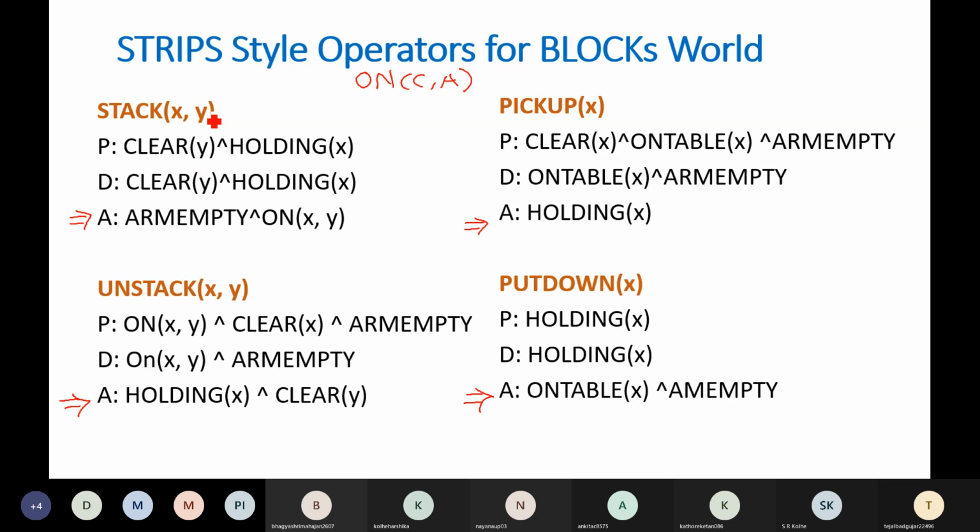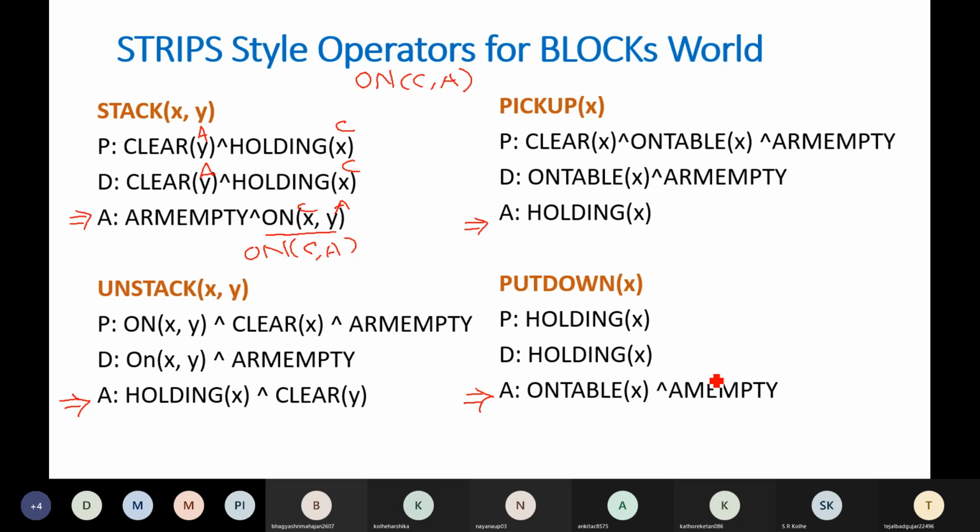So let us start with stack XY. Out here we have on XY. So on CA I can substitute here: Y is A and X is C. Let us come to pick up X. No, on CA we don't have it.